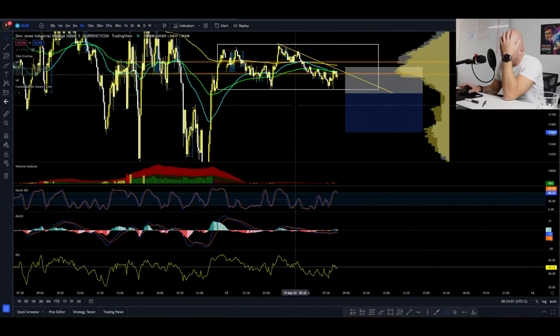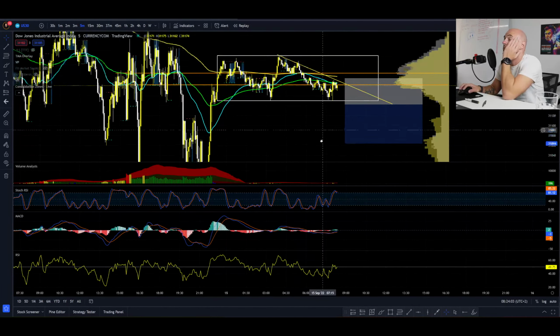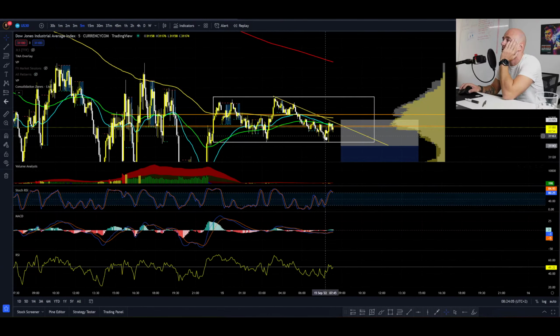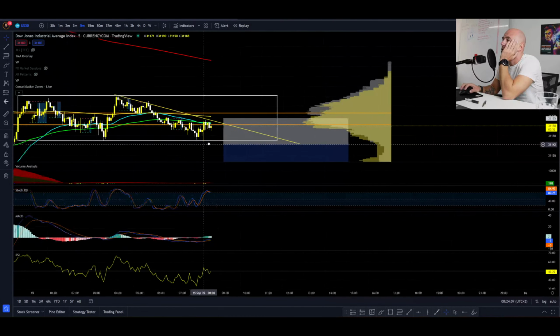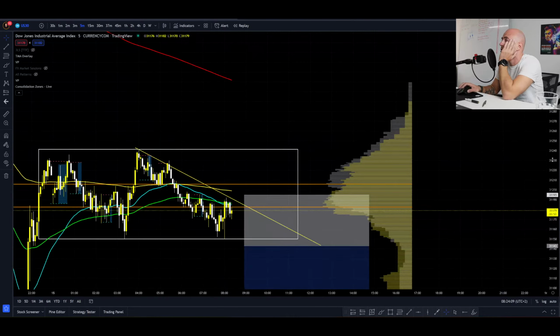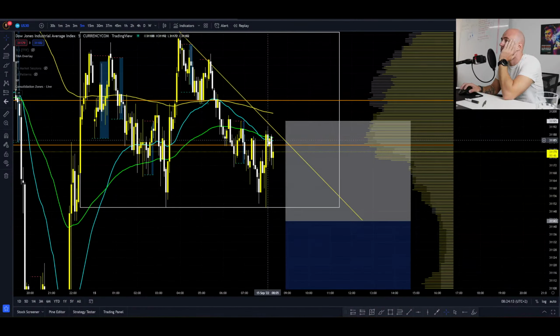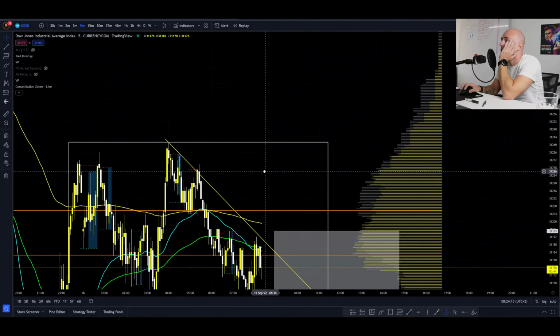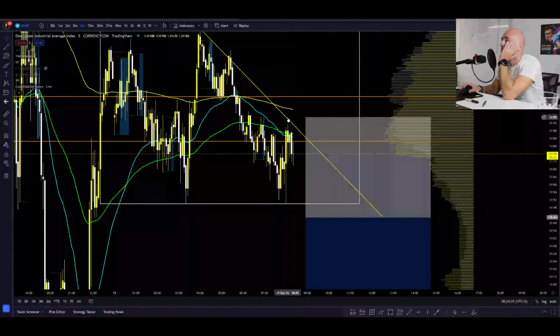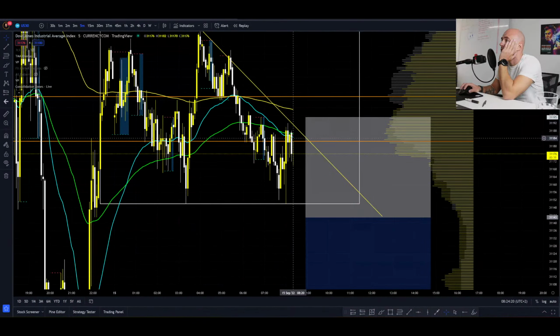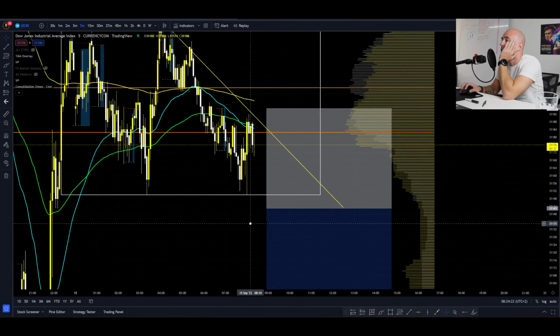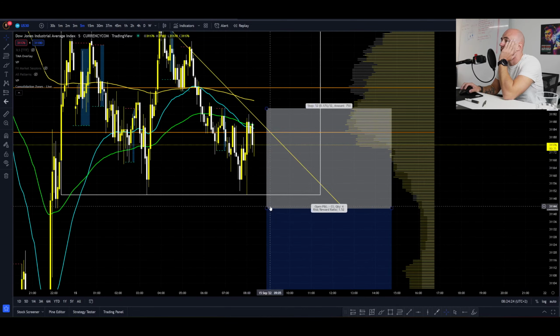So right now my bias is bearish because we are under the 200. Moving averages are starting to finally line up, right? We got the 200 way up there. We got the 100, we got the 50, and we got the 21. I want it to break out of this zone.